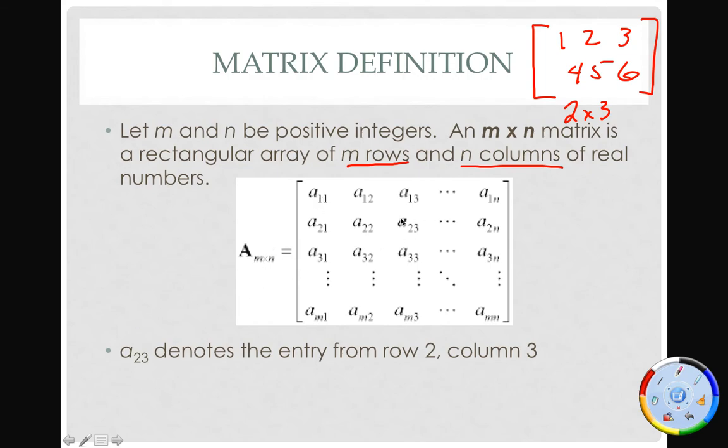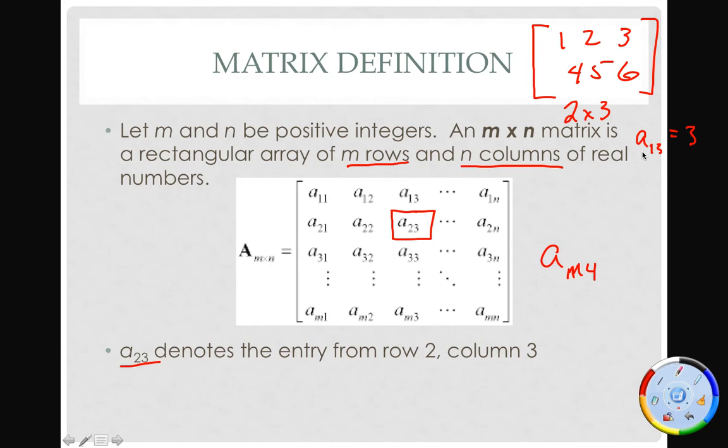So if you go down to A23, this A23 represents going down to row 2, column 3. Hey, there's A23. So if I said, okay, what is M4? I would go down to row M and the 4th column over, whatever value is in there. Or if up here I said A13, so row 1, column 3 is going to equal 3.